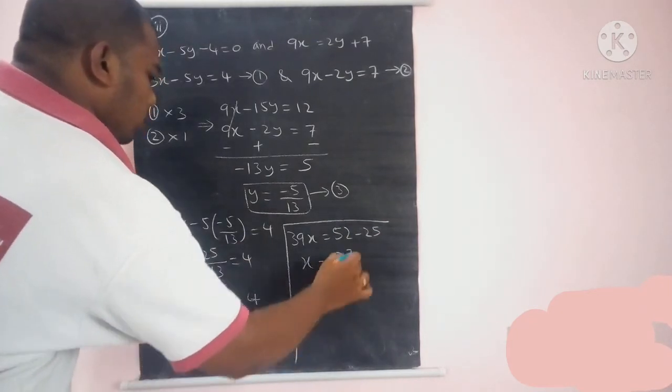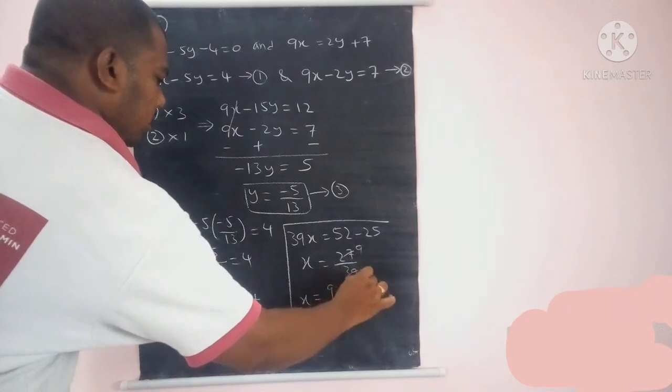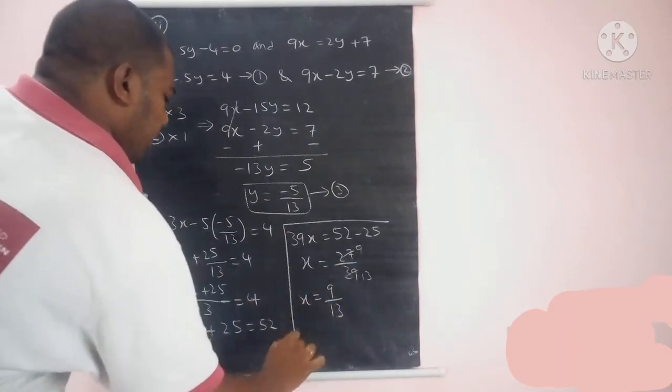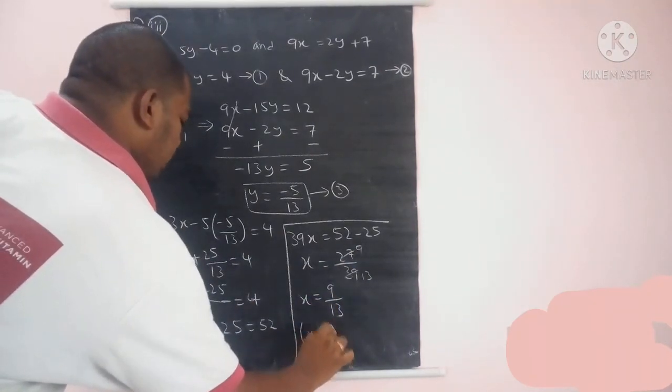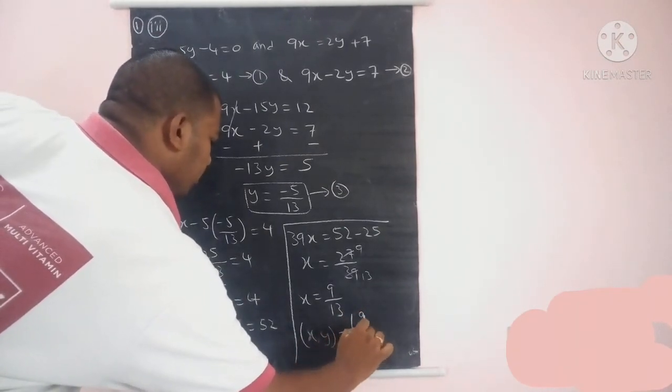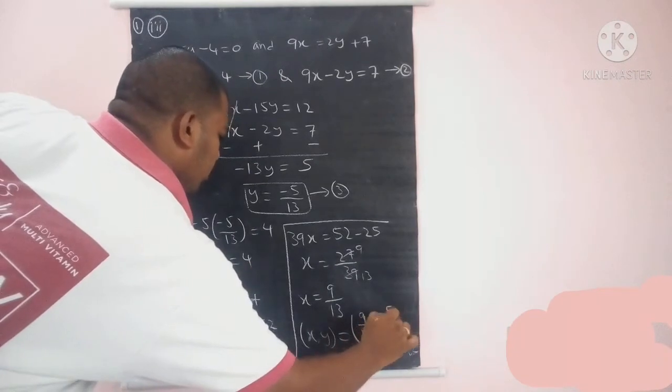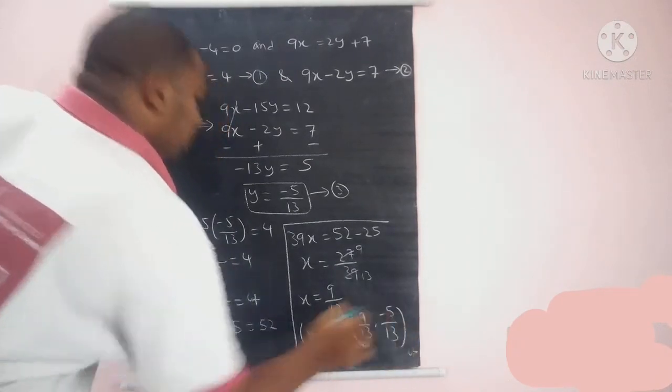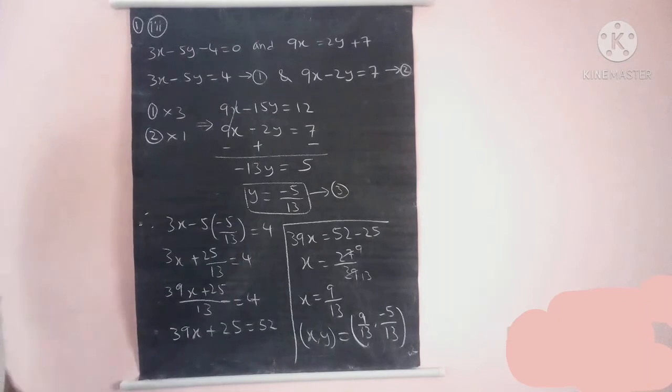So x equals 9 by 13. So finally x comma y is 9 by 13 comma minus 5 by 13. This is the solution.